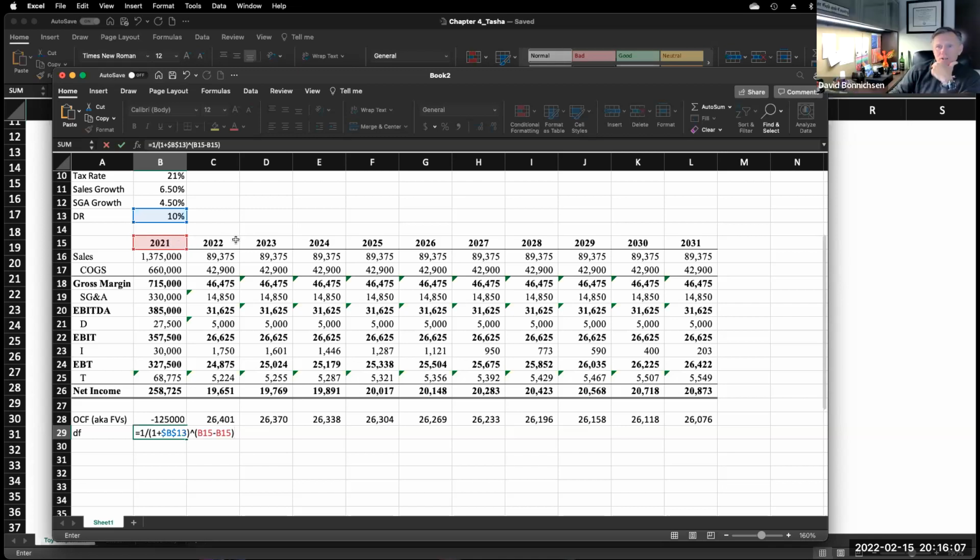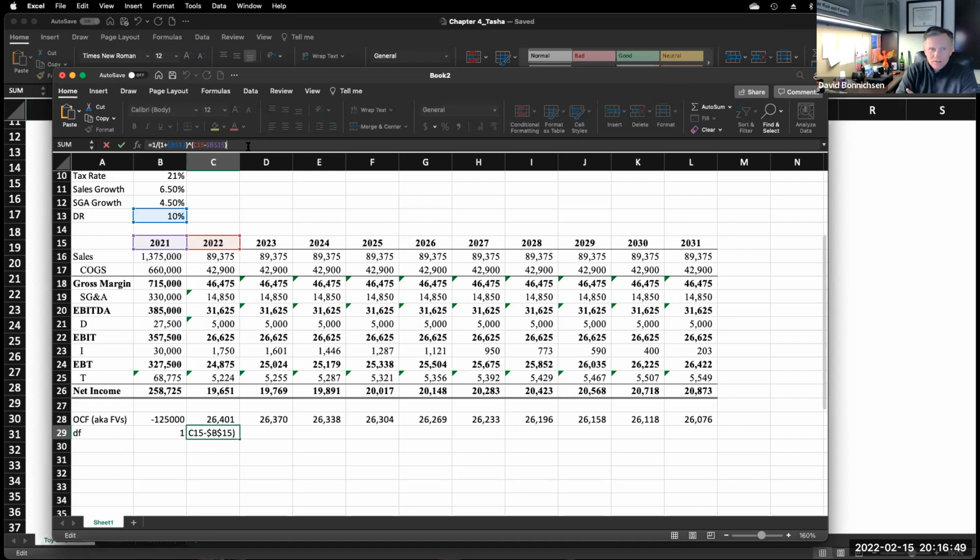So how do I fix my base year? You do the dollar sign for the first year. So now when I drag it, I'm taking the year that I'm in minus my base year that I've fixed. Every time I drag this, it's always taking the year that I'm in minus my base year, giving me the time frame that I need for the exponent in my discount factor.